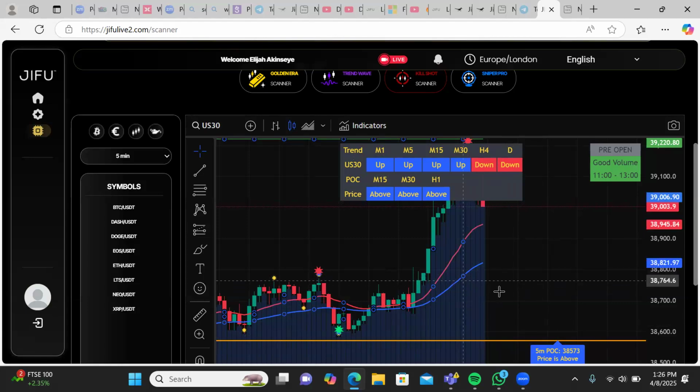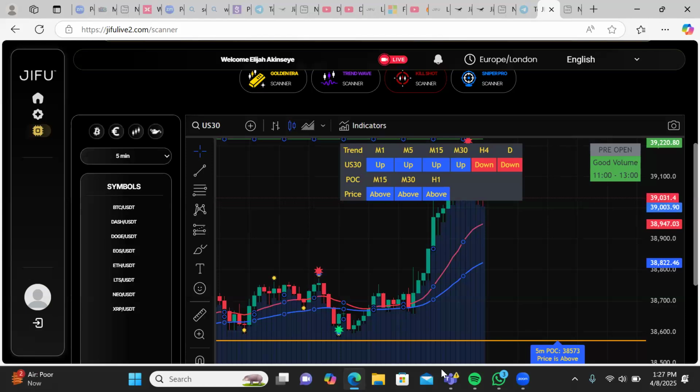Under the yellow one. Yes, the 5 minute POC. What does it say? 5 minutes, price is above POC. Good, it's still indicating up, right? So it's telling us that in the 5 minute POC, the trend is still above. For a downtrend, it will tell you below.